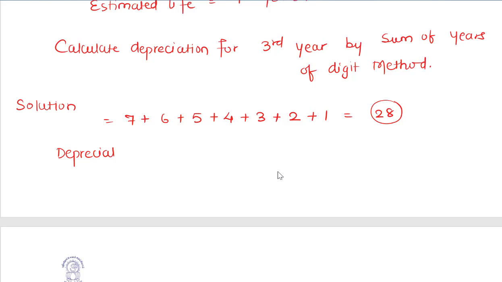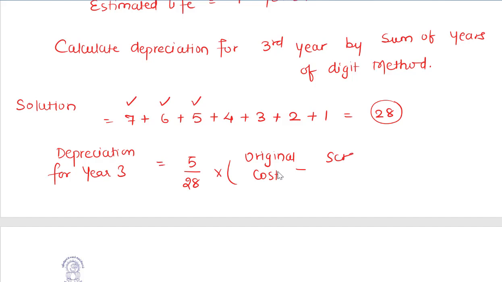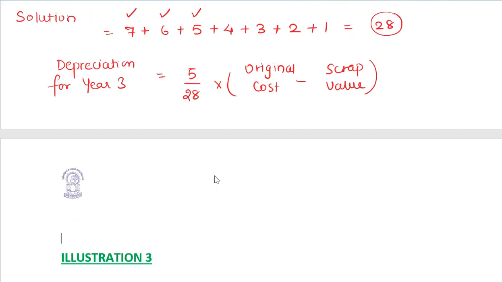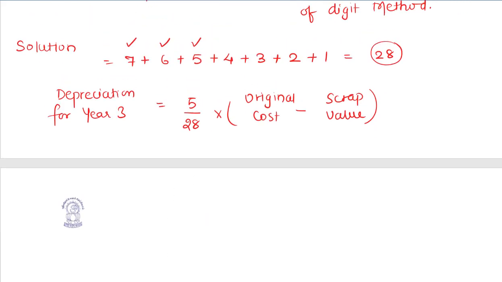Depreciation for year 3, that is third year, equals 5 by 28 multiplied by original cost minus scrap value. Quickly do it.